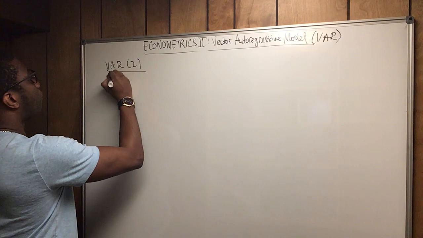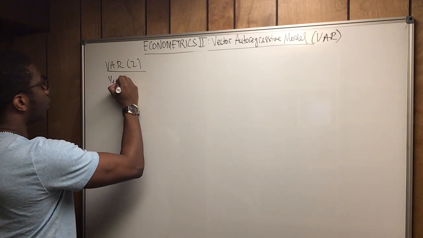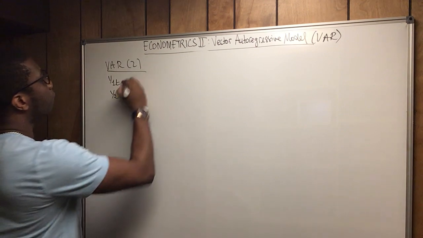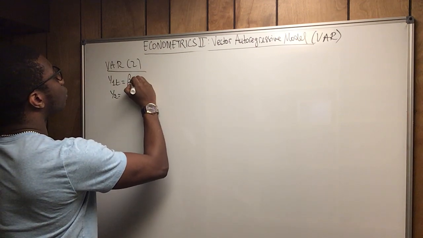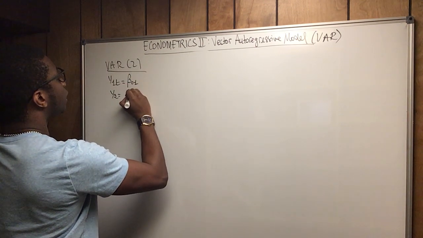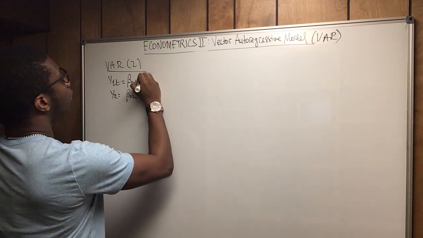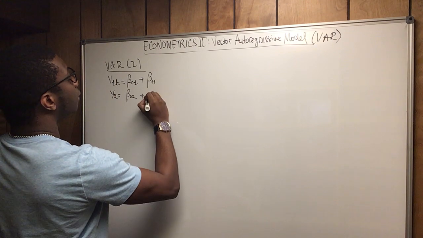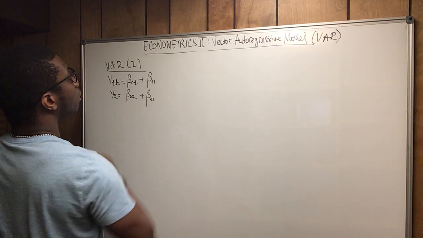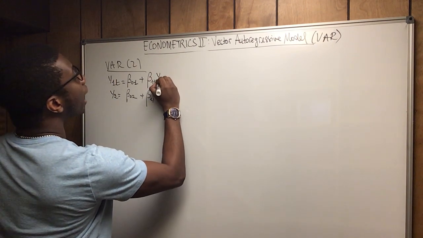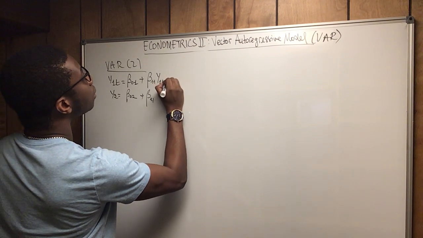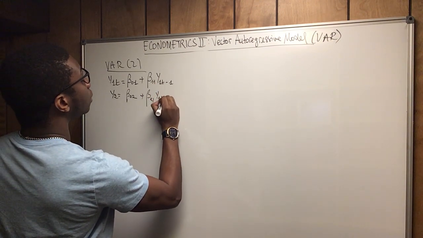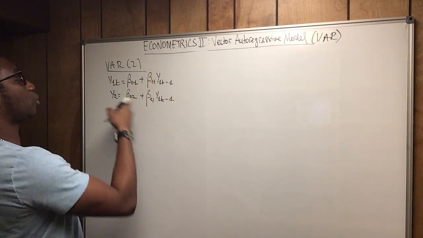So here we have y1t as usual, y2t equal beta 01, beta 02 plus beta 11, beta 21, y1t minus 1, y1t minus 1 also for the second.